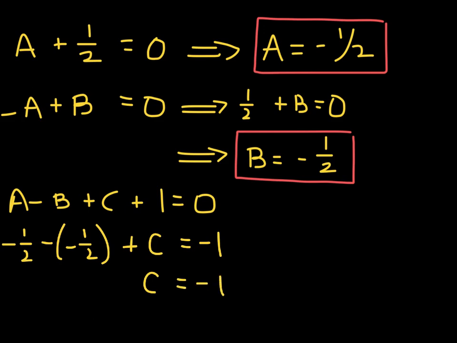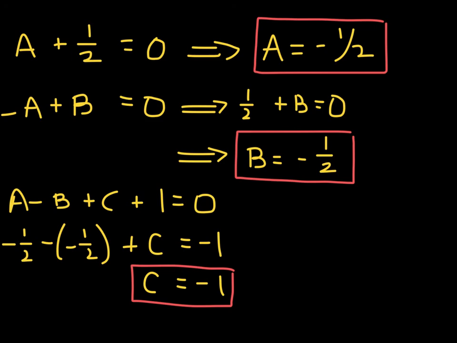Okay, c is negative 1. All right, so we're moving right along. We know a, b, and c. Now we need d, right? And don't forget, we found e already, in the very beginning. E was 1/2. So there's only one constant left, which is d.